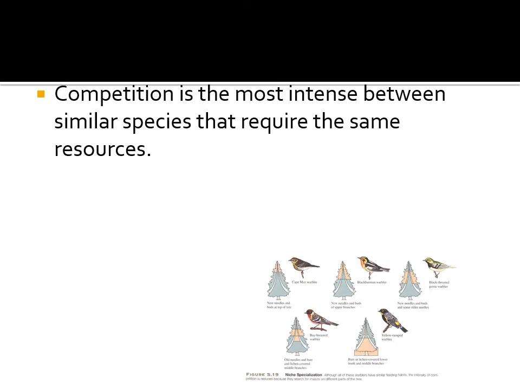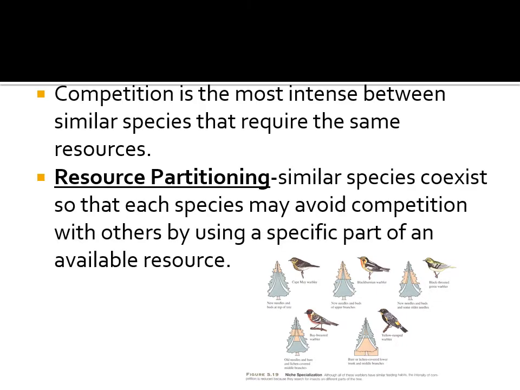Something else that we might see when competition is most intense in similar species is something called resource partitioning. This is where we break up a resource for organisms so that not every organism uses the entire part of that resource. So here's an example, we have different species of birds, and let's say that they are having to live in the same type of tree.